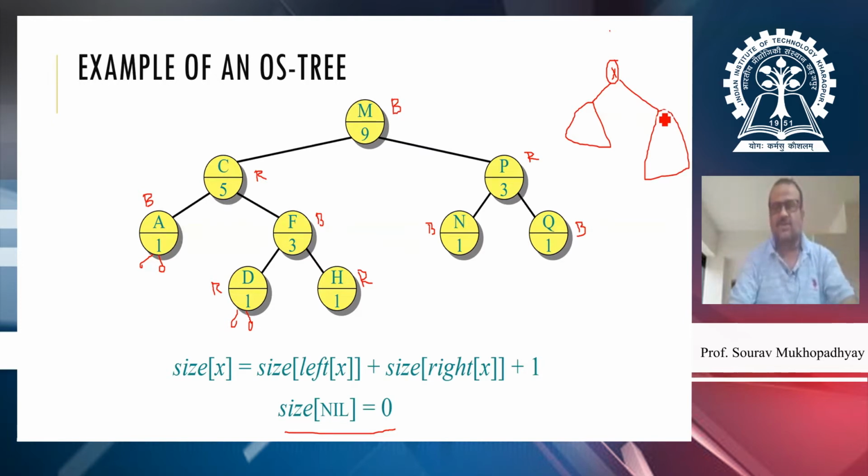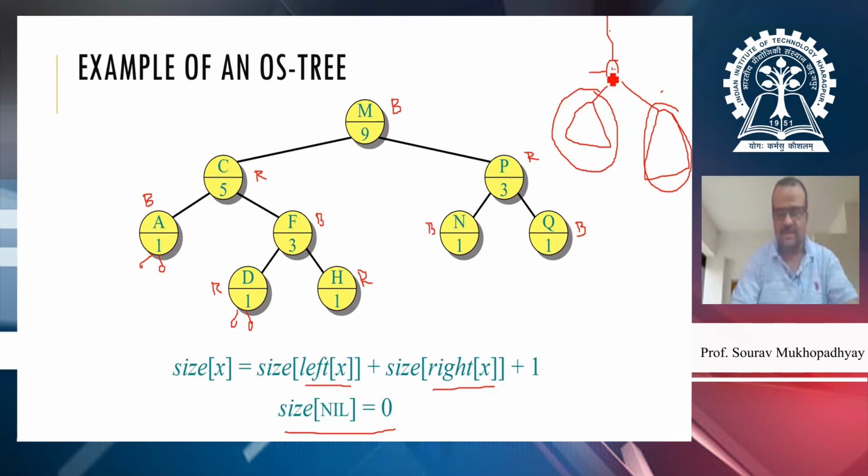The size of this node is how many nodes are here, that is size of left X, plus how many nodes are here, that is size of right X, plus the node itself, X. That is the formula we will use. This is basically the number of nodes hanging in the tree rooted at that particular node X.